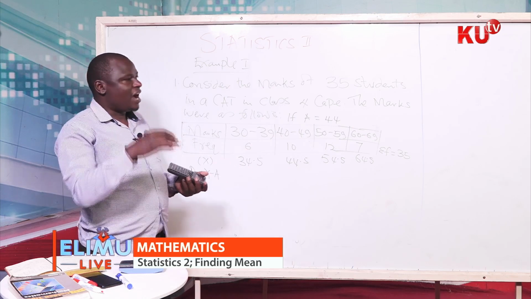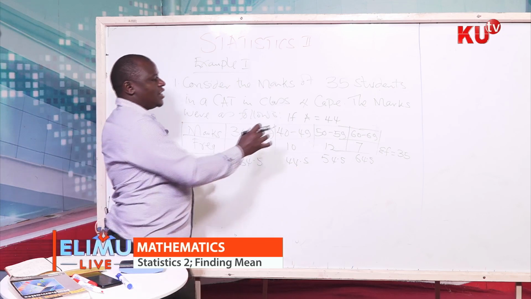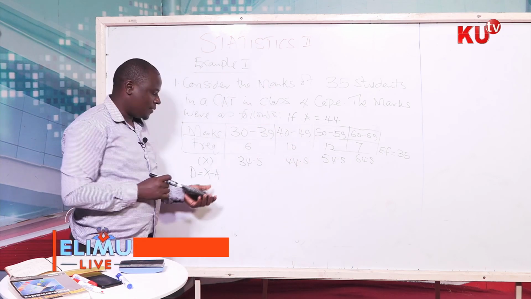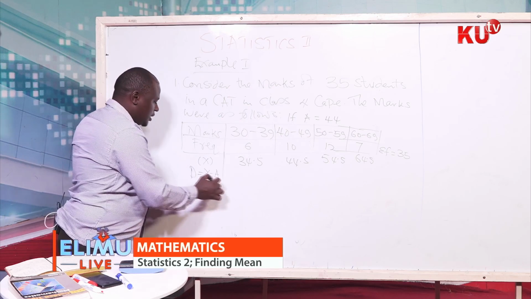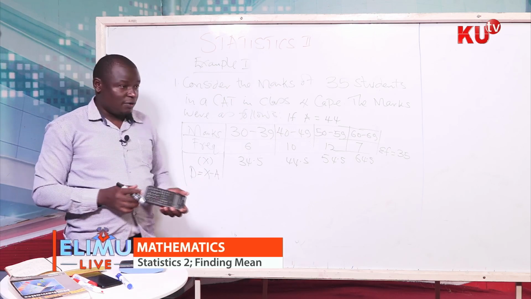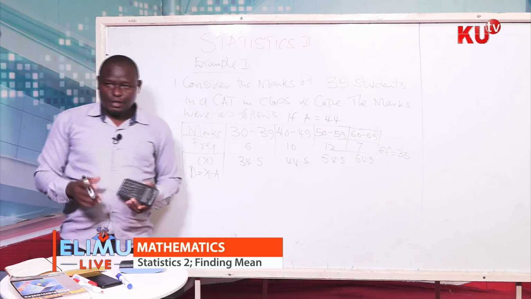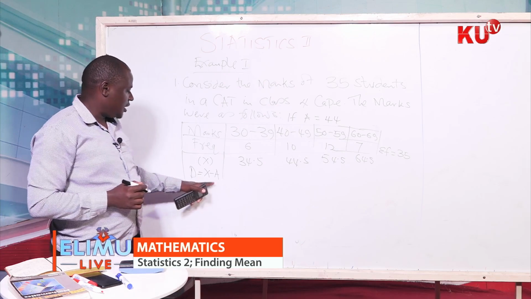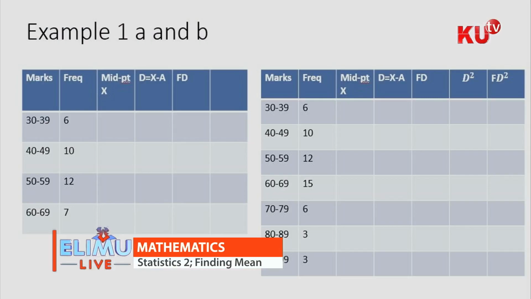We want to have harmonized work. So the examiner will give us the value of assumed mean A. So we are going to fill in the fourth column of deviation. I've called it D. D means deviation, which is given by x minus assumed mean.